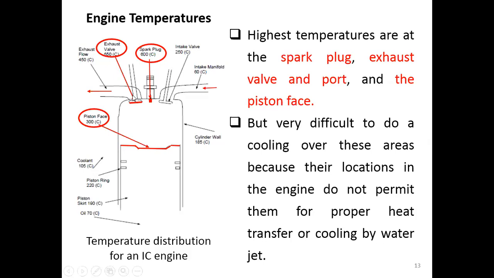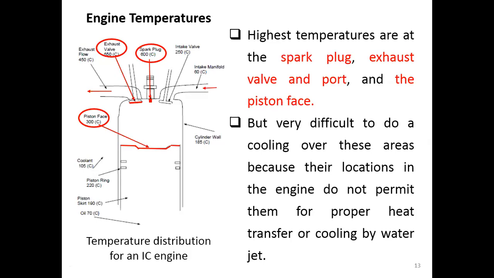But when you look at the locations, the exhaust valve location, the spark plug location, and the piston face location, you find out that all of these places are very difficult to cool. It's very difficult to do the cooling. It does not permit us to do the heat transfer.